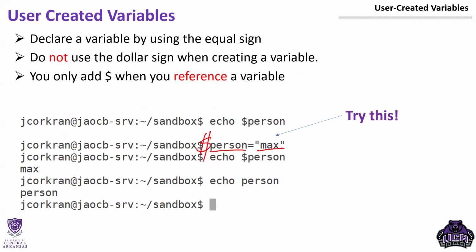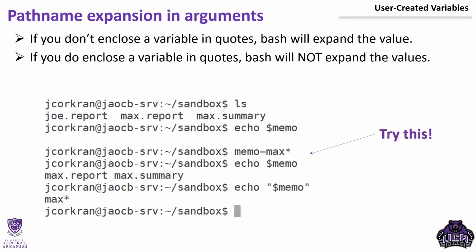Note that there's no dollar sign in front of that. And that's going to be the rule as we go throughout the semester. When we're actually assigning a value to something, there is no dollar sign. But when we want to reference a variable to get its value, then we throw in the dollar sign. So make sure y'all pay attention to that because it becomes important. We'll see it even later in this lecture here.